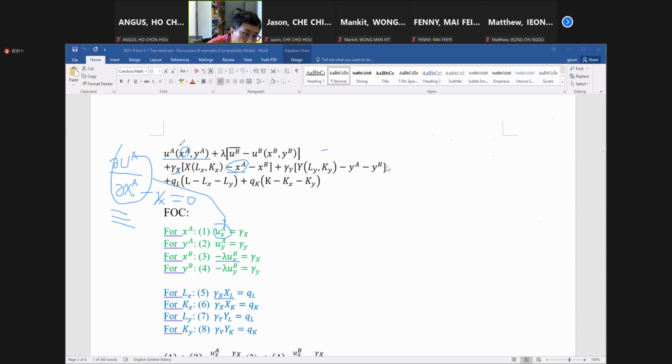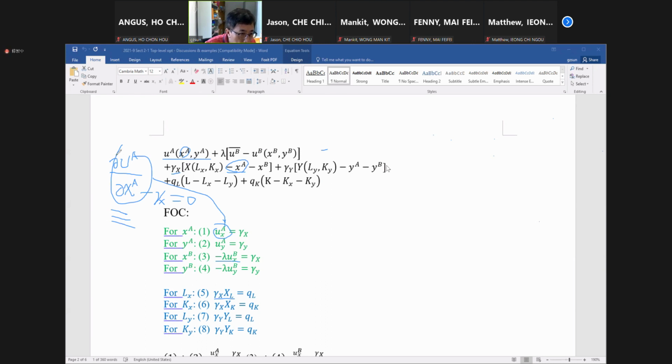For this one, should it be partial ua over partial xa? You know, this is the first order effect of increasing consumption of good X by Alice on the utility, on the welfare of Alice.